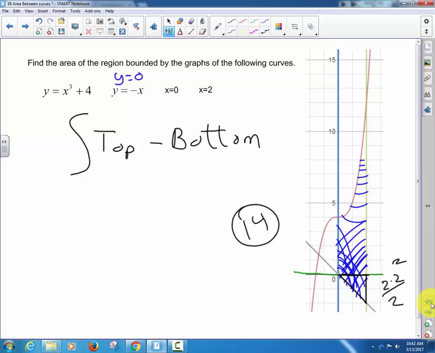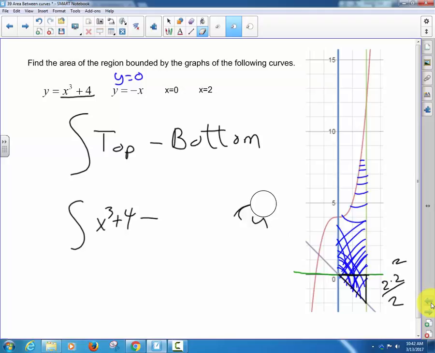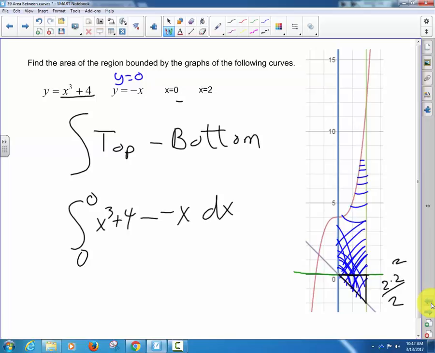What do you think the top function is? Yeah, this function right here. So we're going to integrate top minus, what's the bottom function? Negative x dx. We're going to integrate from 0 to 2 because that's what our limits of integration are.